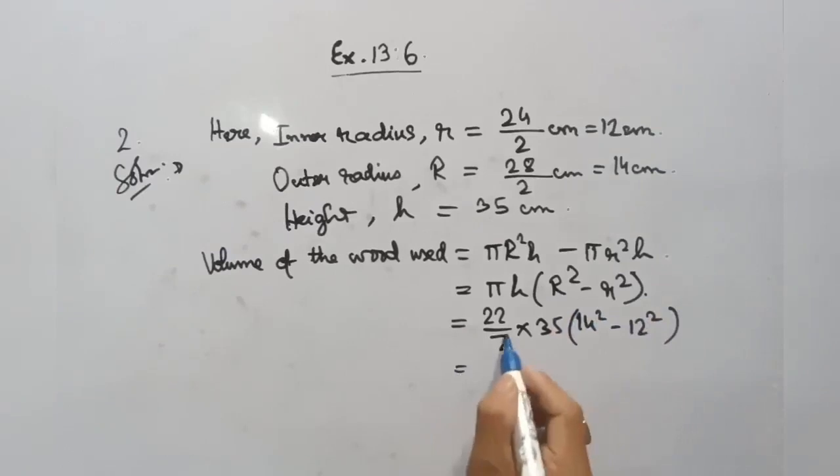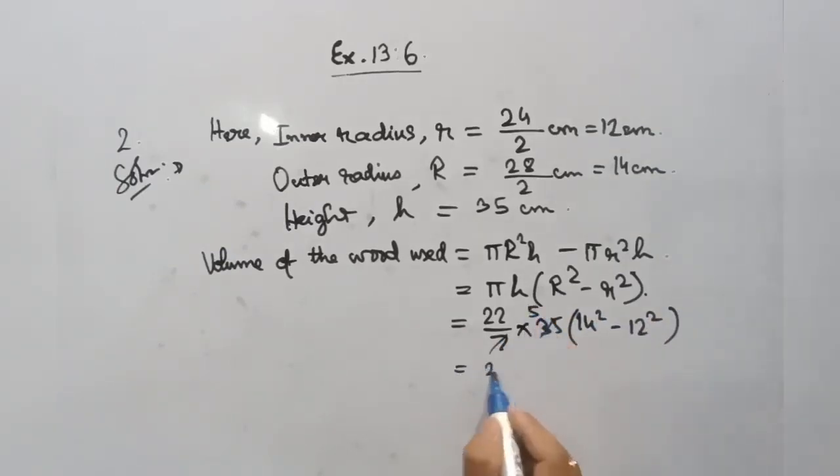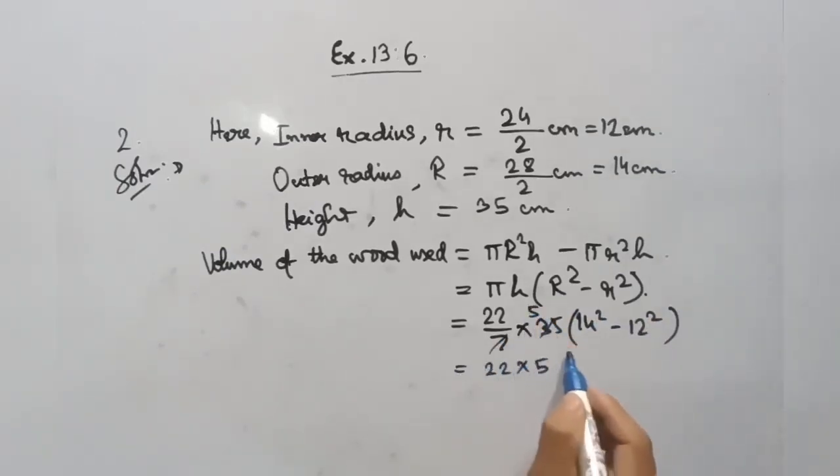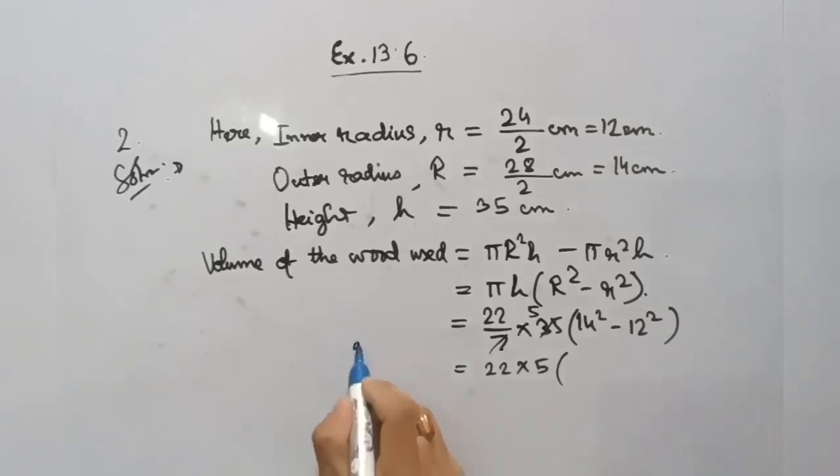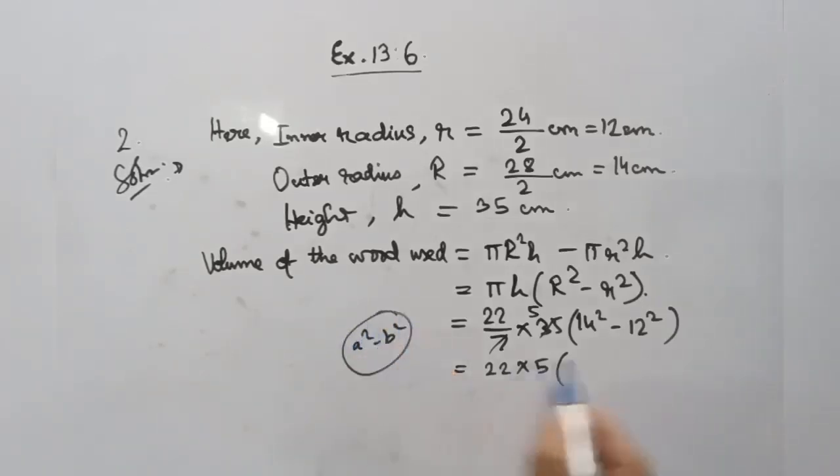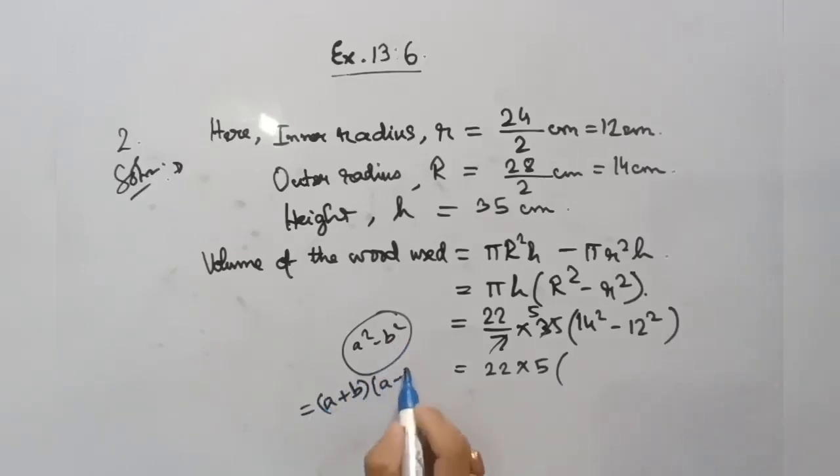This is equal to 22 into 5, and 14 square minus 12 square is equal to, let us use the identity a square minus b square to find the value of 14 square minus 12 square. So the identity says a square minus b square is a plus b whole into a minus b.